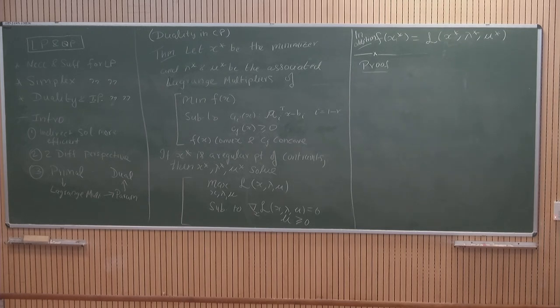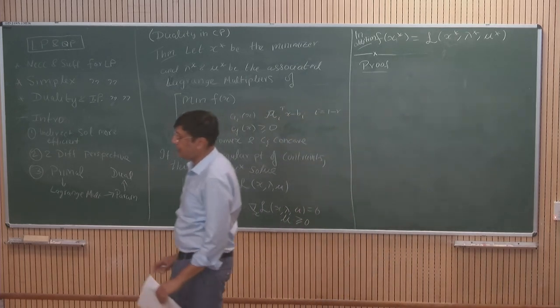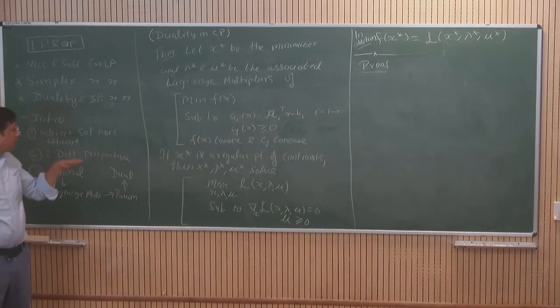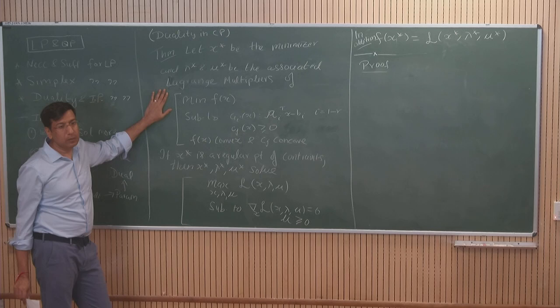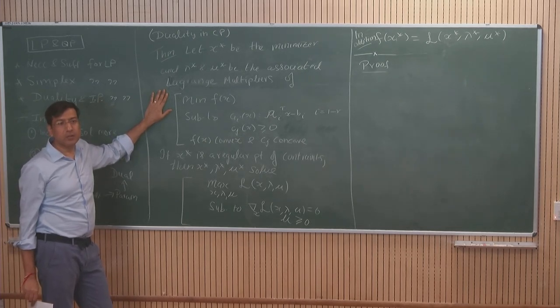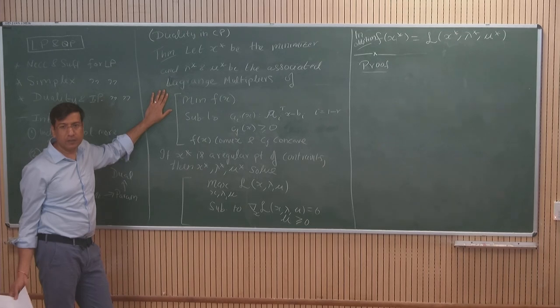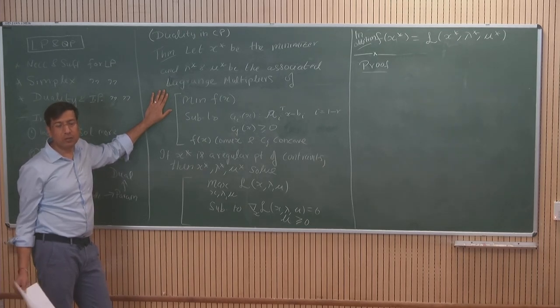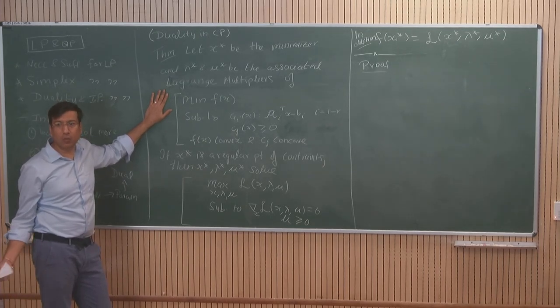So how does the problem look like? If you look at the optimization problem, what's the difference from a standard optimization problem and this? Yeah, we'll come to the dual. If you look at only this problem, this is not the most general convex program. Why? What is a convex program? f of x should be convex, the equality constraint should be convex, and the inequality should be concave.